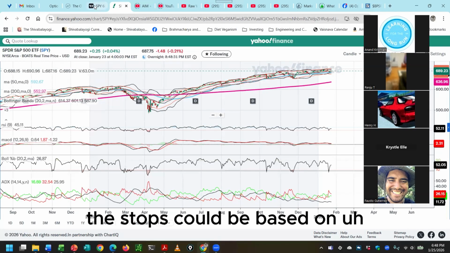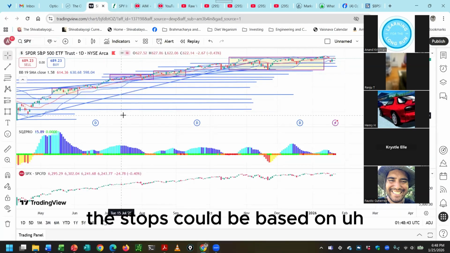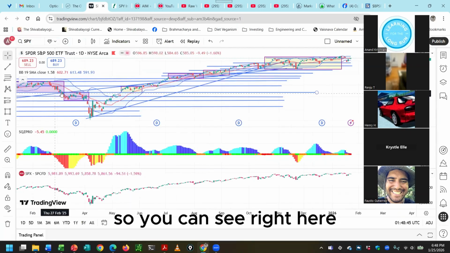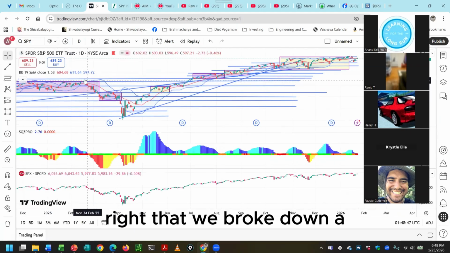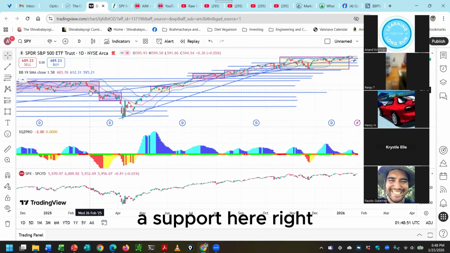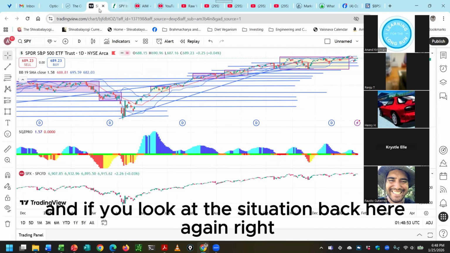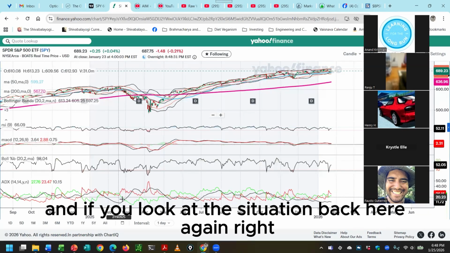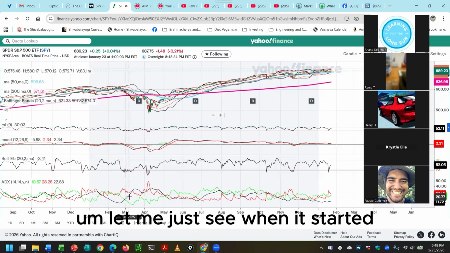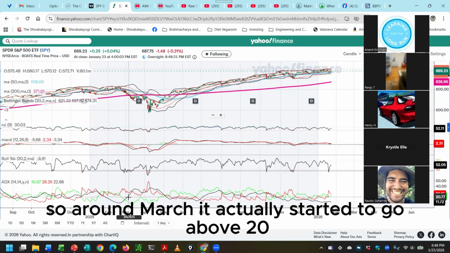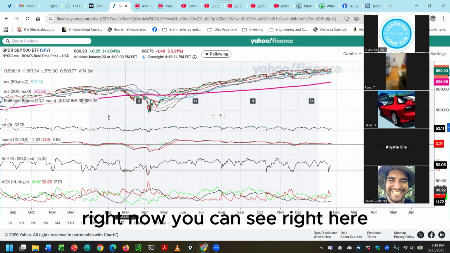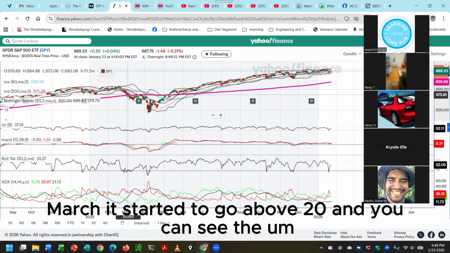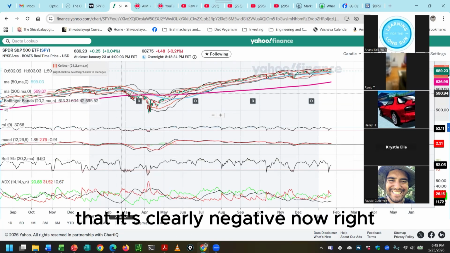And the stops could be based on the support and resistances. So you can see right here that we broke down a support. And if you look at the situation back here again, let me just see when it started. Around March, it actually started to go above 20, and you can see that it's clearly negative now.